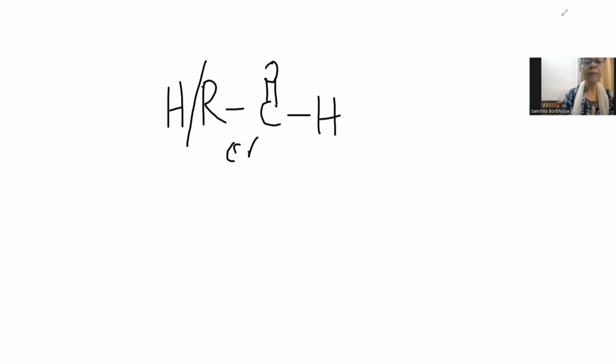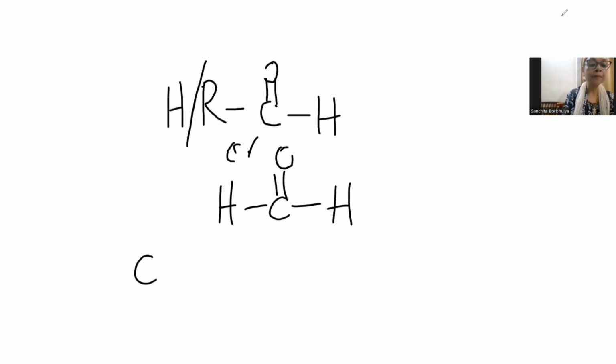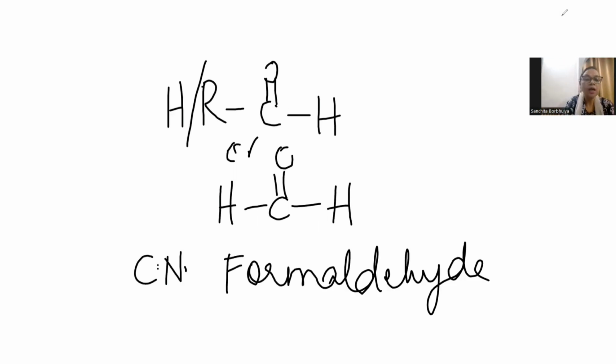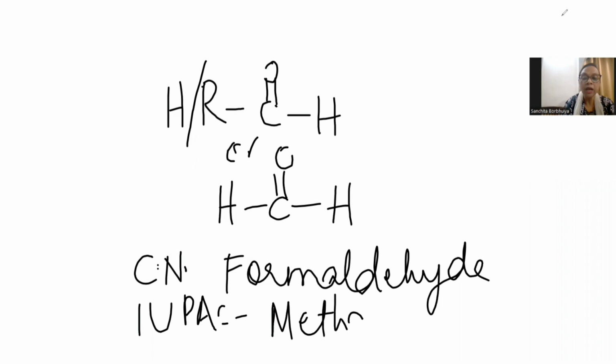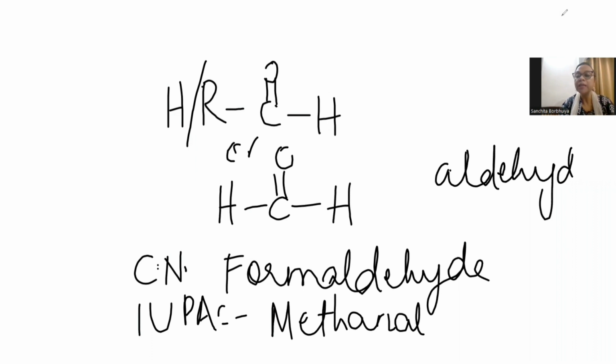The first member of the aldehyde series has the common name formaldehyde. The IUPAC name of the compound is methanal: from methane you remove the E and add al, which is the suffix for aldehyde. This al part has to be applied here after removing the E of the alkane.